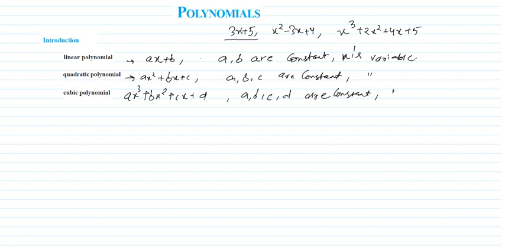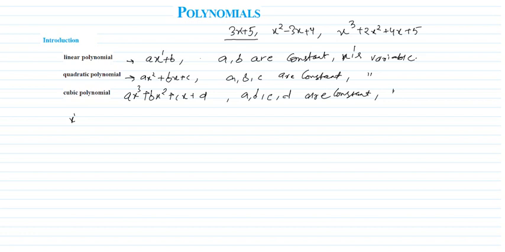Depending upon the power of the variable, in case of a linear polynomial it is 1, where nothing is written over the variable, it means its power is 1. So the highest power of the variable is 1.